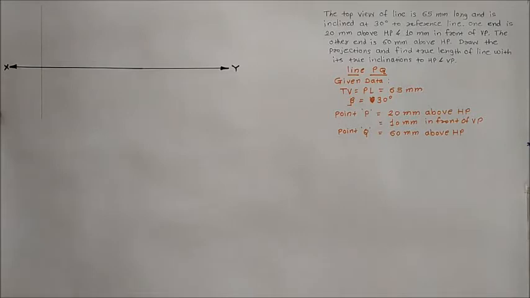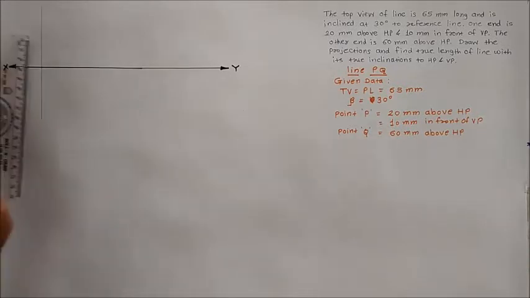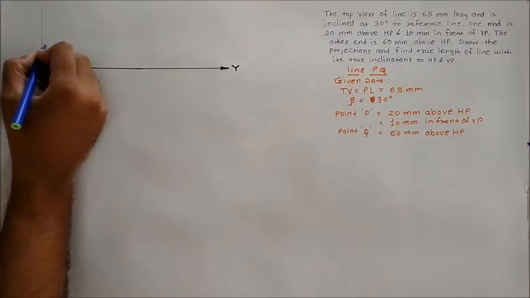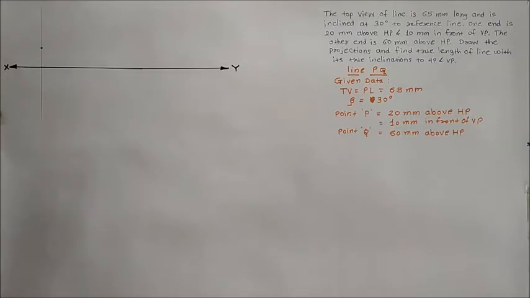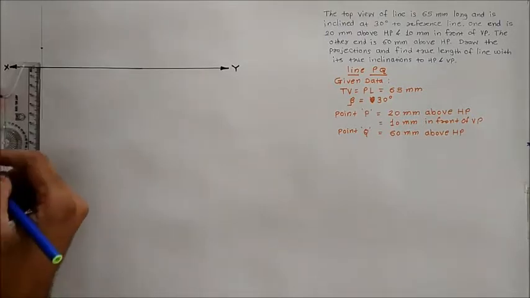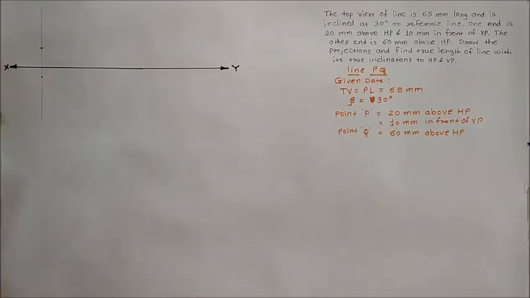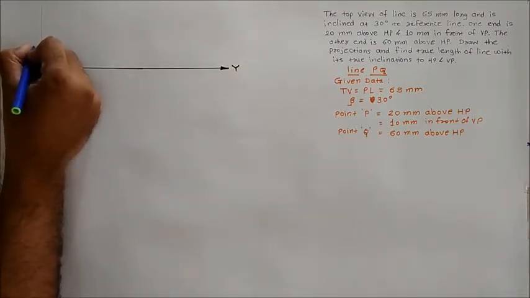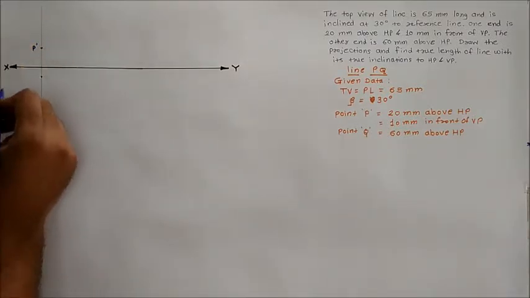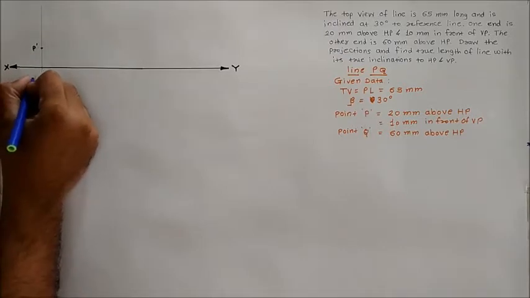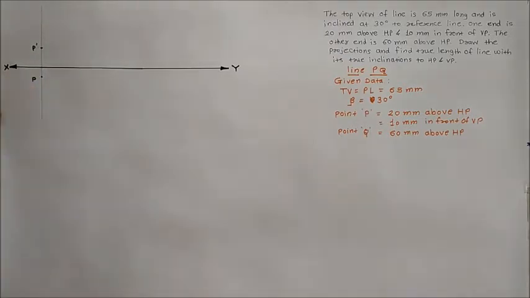Now on this line we have to mark point P. So point P is 20 mm above HP. So here you will get a point, and point P is 10 mm in front of VP. So here you will get a point. Give the nomenclature as a P dash in the front view and small p in the top view.